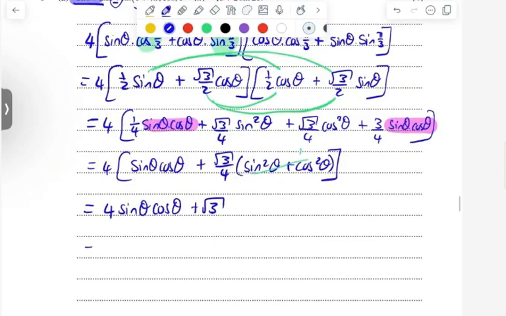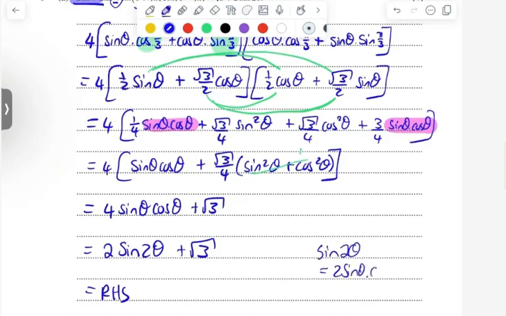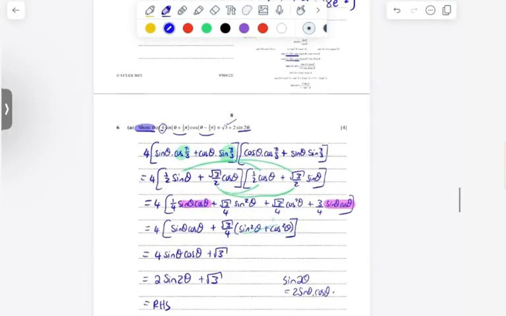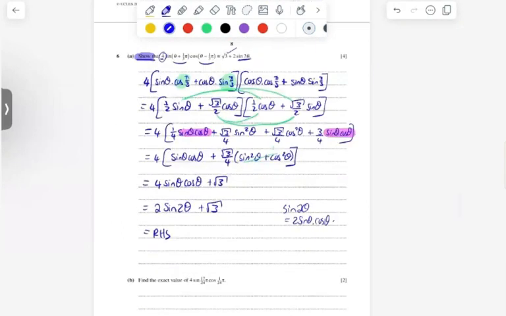I know that this is my double angle, because sine 2 theta is equal to 2 sine theta cos theta. Alright, and we've just proven that. So you might want to rewrite that exactly how they want it, but basically we've proved it.